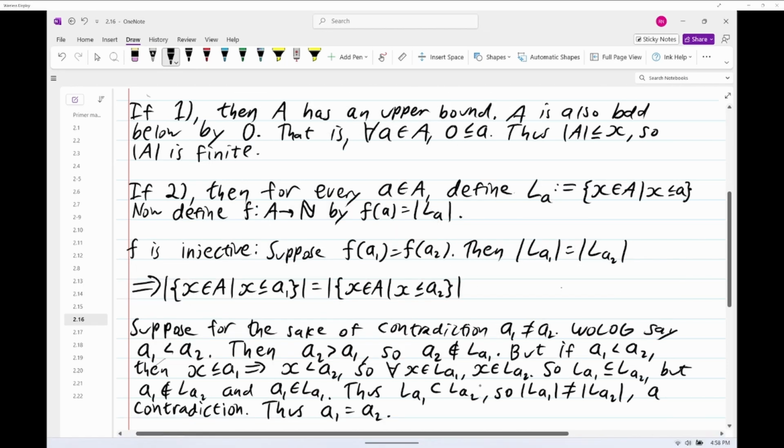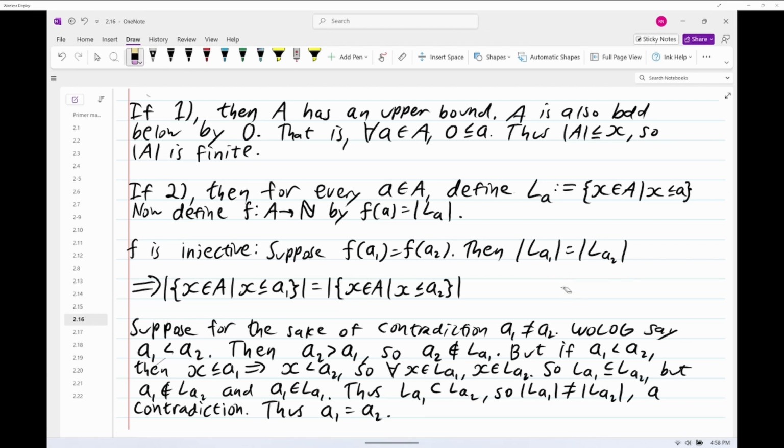Thus, we have proper containment, that LA1 is properly contained in LA2, and they are not equal. So since LA1 and LA2 are finite sets, that implies that the cardinality of LA1 is not the cardinality of LA2, and that contradicts this up here. So A1 has to be equal to A2. That's f is injective. Okay.